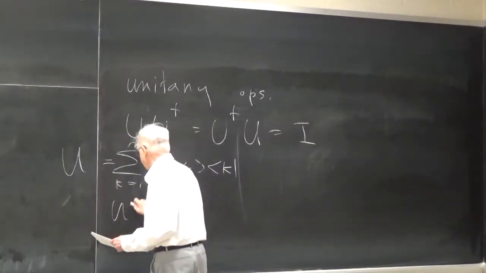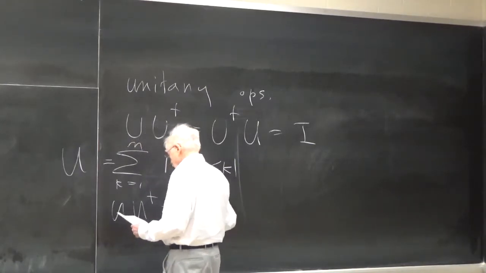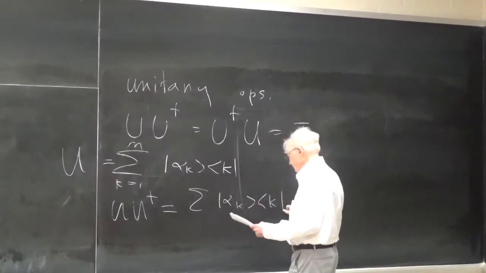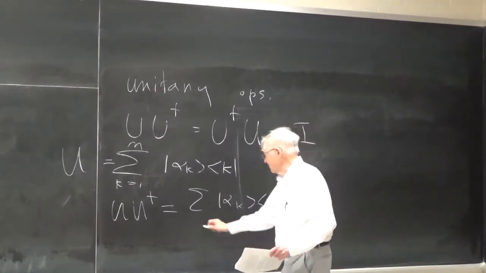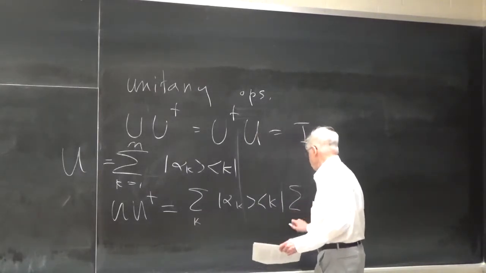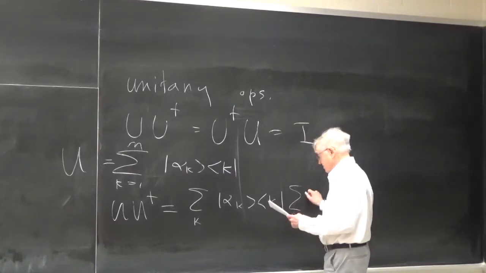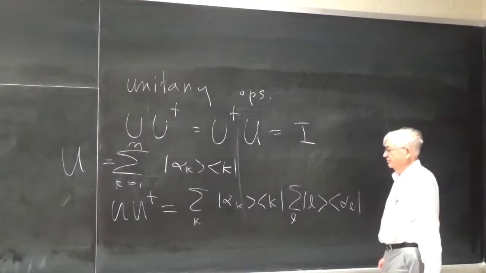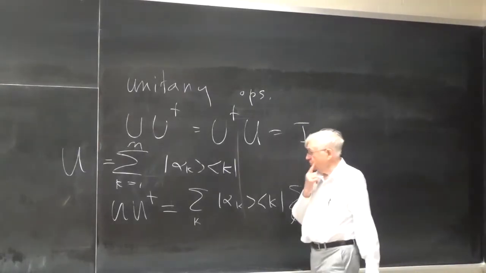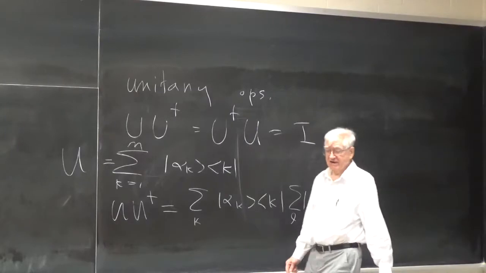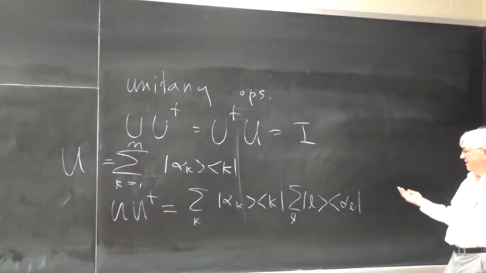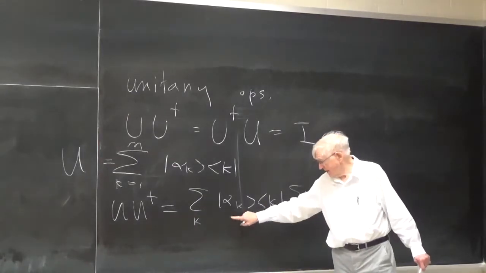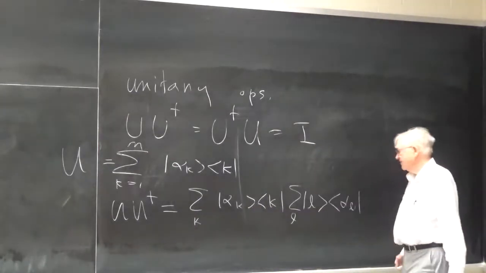And the reason is that if you have u dagger, what you have here is alpha k, k, and then this summed over k, of course. Here we're summing over L, and u adjoint means that we have L, alpha L. Remember Dirac's rule for the adjoint of an operator is you just flip the bra into a ket and the ket into a bra.